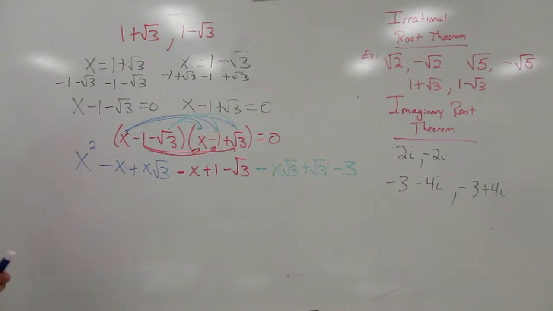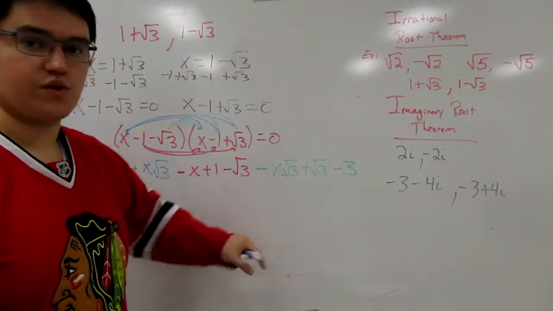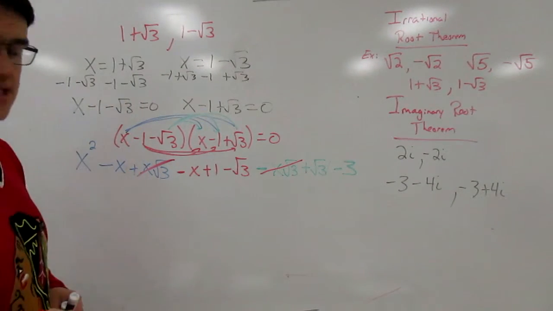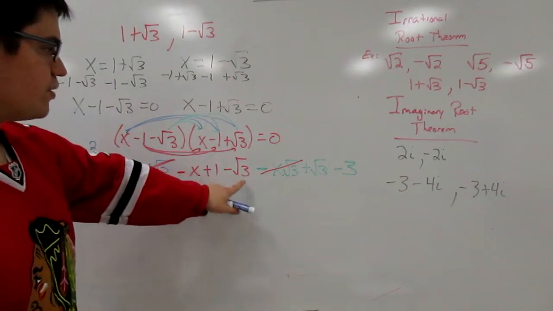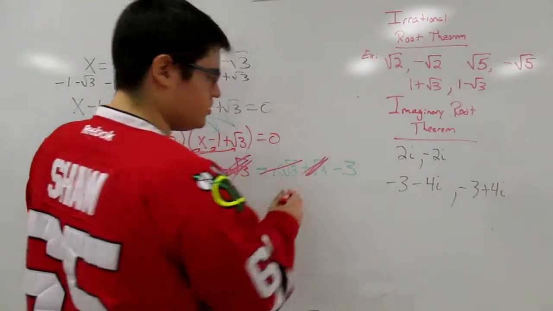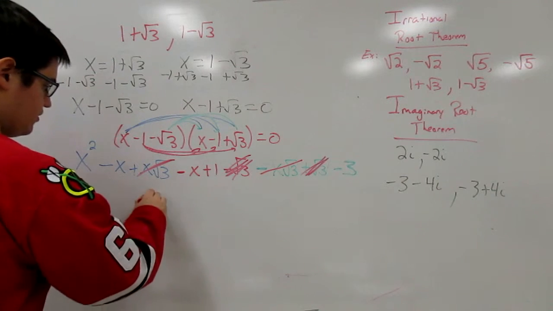Now if you look at this, some nice things. X square root 3 positive, negative x square root 3. Negative square root 3, positive square root 3. So we're left with x squared.